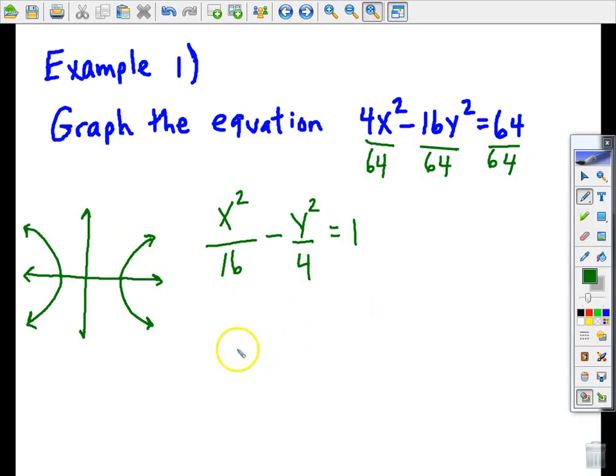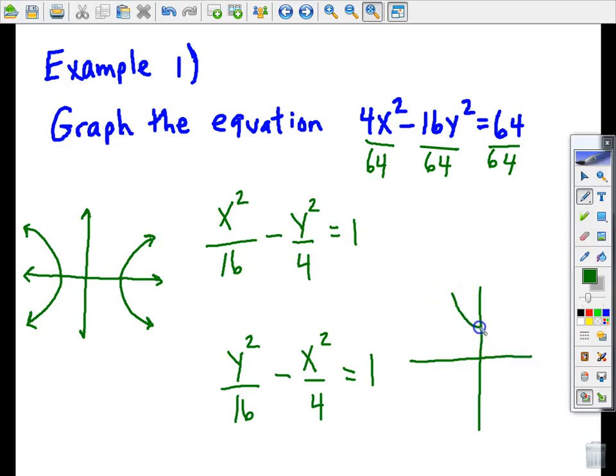Okay? If, you don't have to write this, if my equation, I'll leave the denominators like they were. If my equation looked like this, you notice that I just switched places with x squared and y squared. Well, now I've got a hyperbola that's going to open up and down.